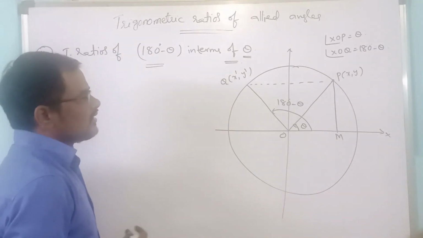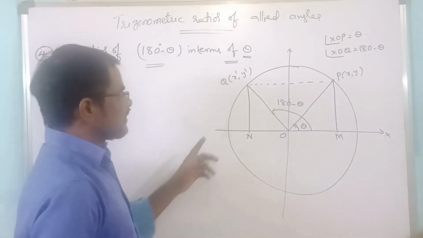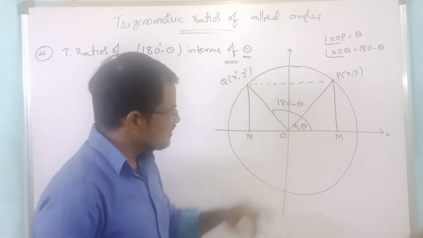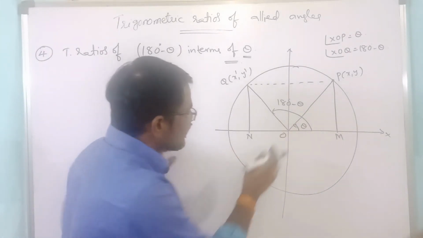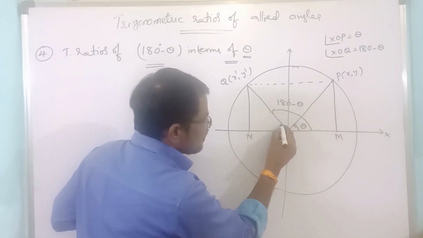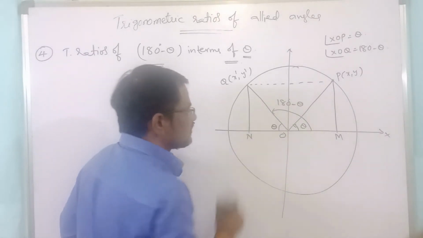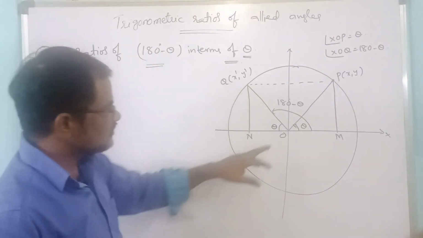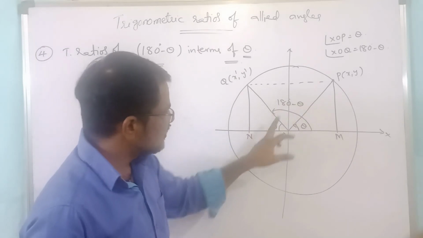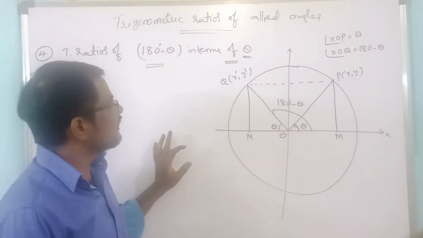Right? And now draw QN perpendicular to x-axis. Now this is theta. This is 180 minus theta. Now again this is what? Theta only. Right? So 180 minus theta plus theta is nothing but what? Theta only. Okay, no?